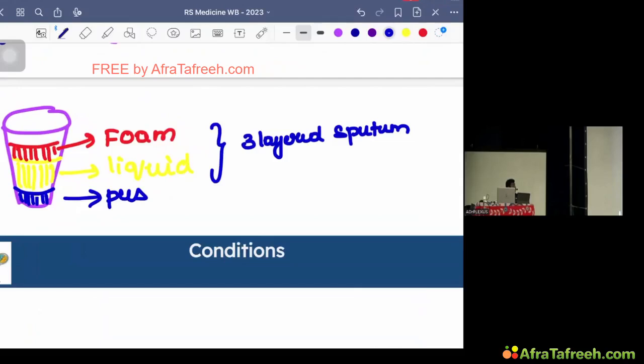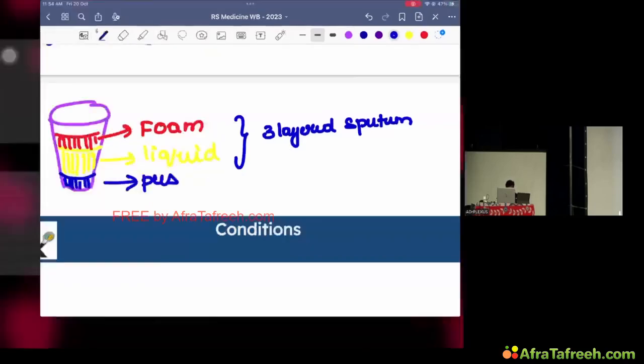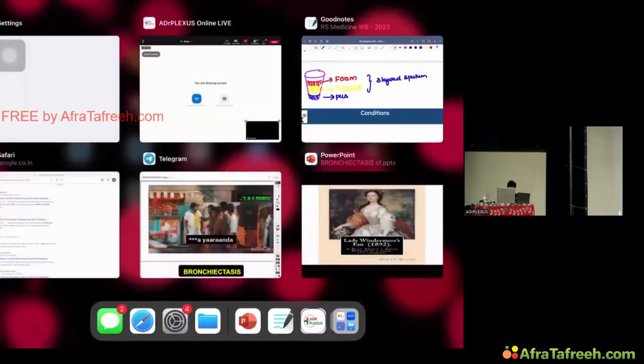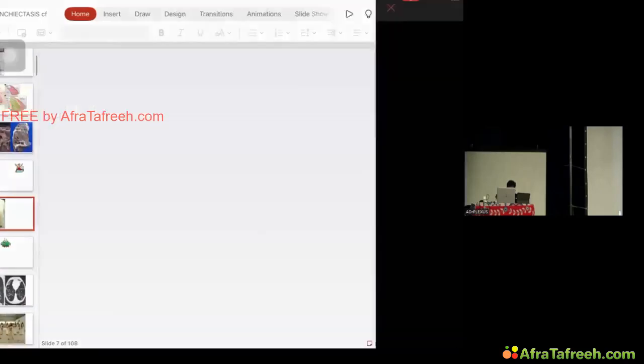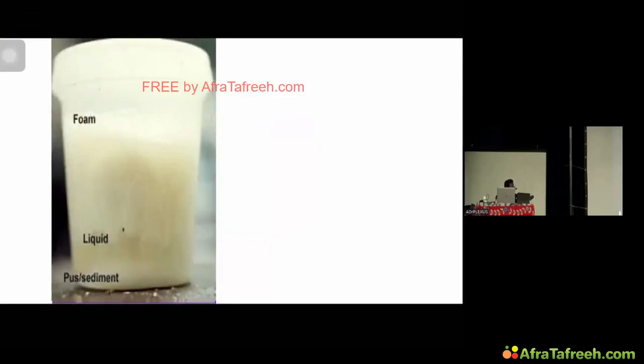Lower down they will have pus, above that liquid, and above that foam. You will have thick sediment at the bottom, then liquid, and above you will have foam. This is called three-layered sputum production.